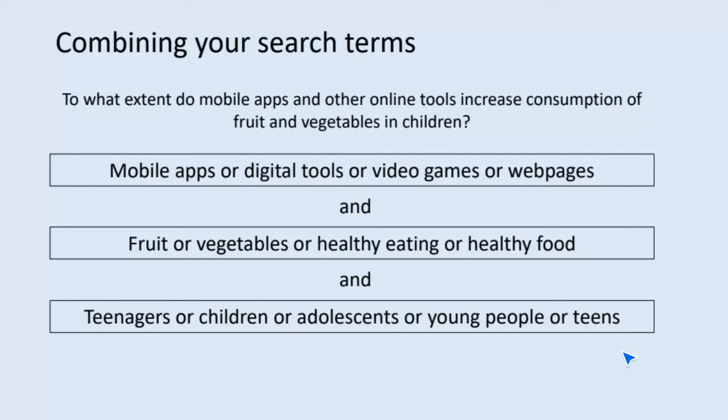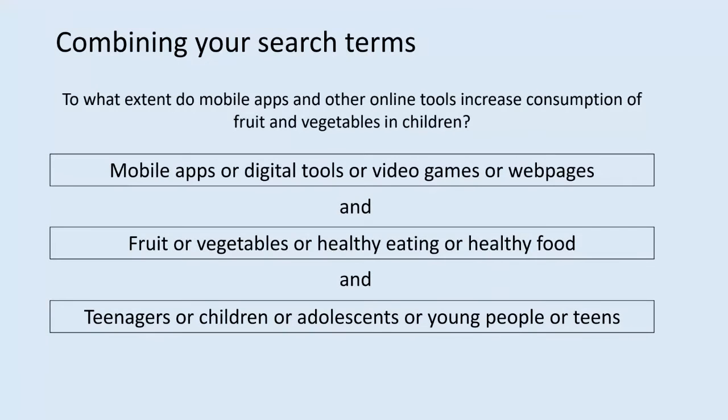But if you're in a database where you have to type all your search terms into one search box, you would need to use parentheses, and these are basically brackets. Deirdre is going to speak about that in the next section, just about parentheses and using brackets to group your terms. So yes, you can do, but you don't have to if you've already got separate search boxes.